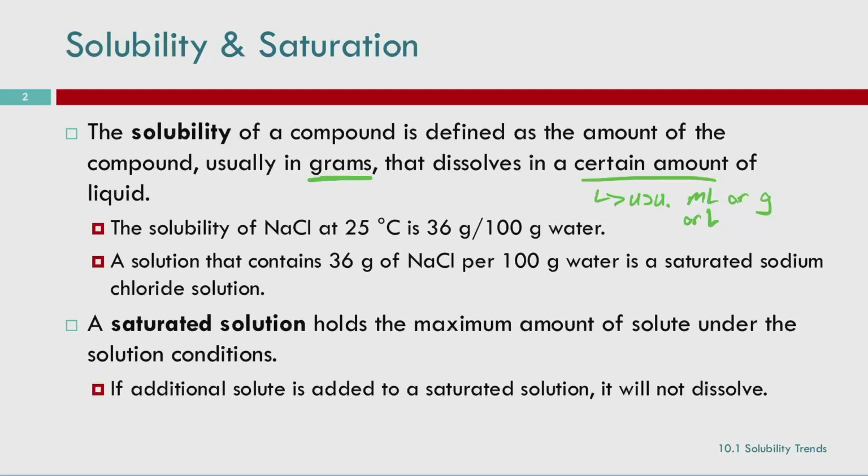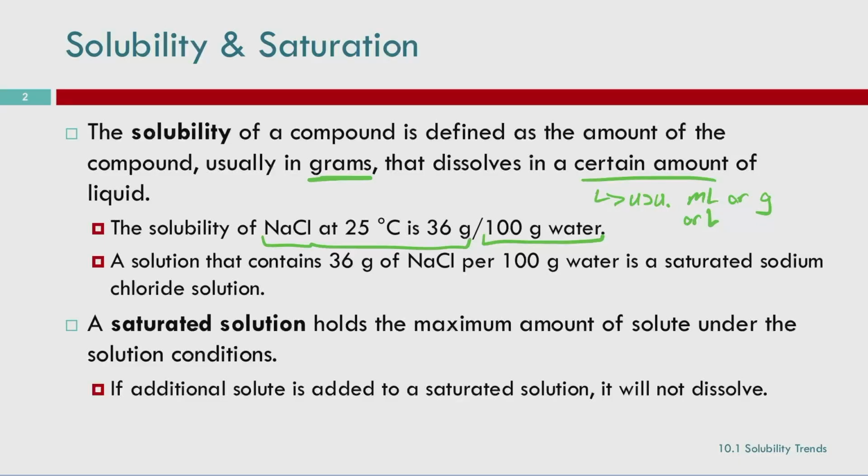For example, the solubility of sodium chloride at 25 degrees Celsius in water is 36 grams per 100 grams of water. So in 100 milliliters, 100 grams, you can get 36 grams of sodium chloride into solution.